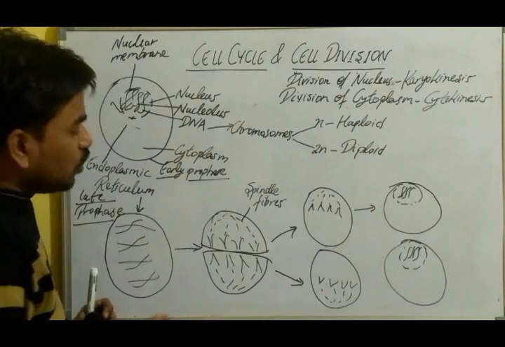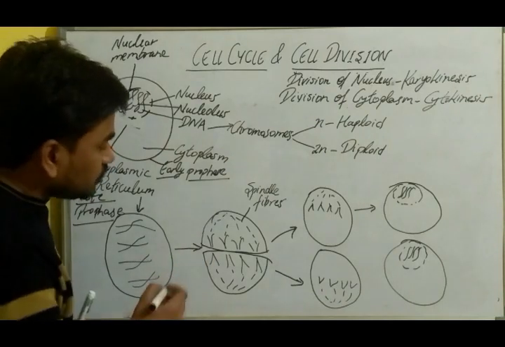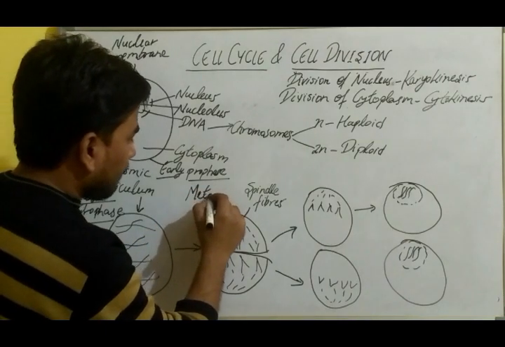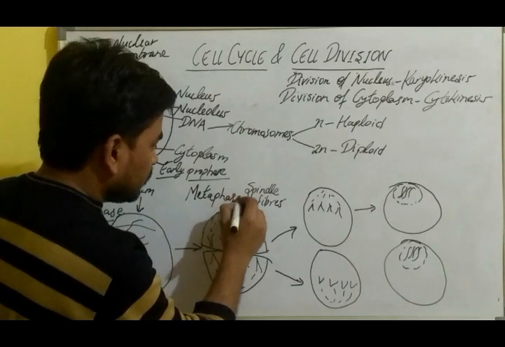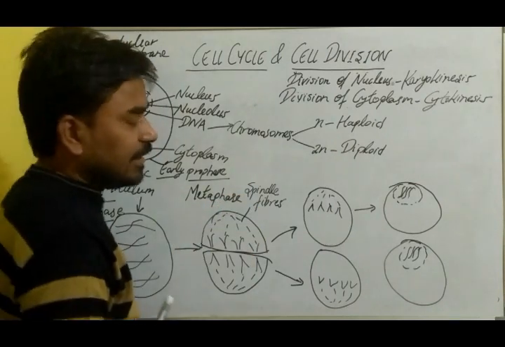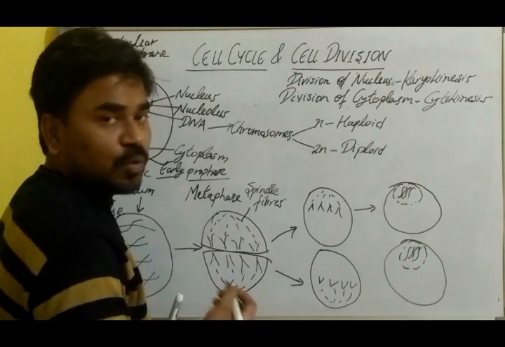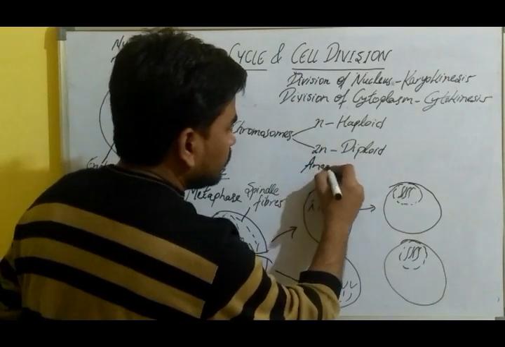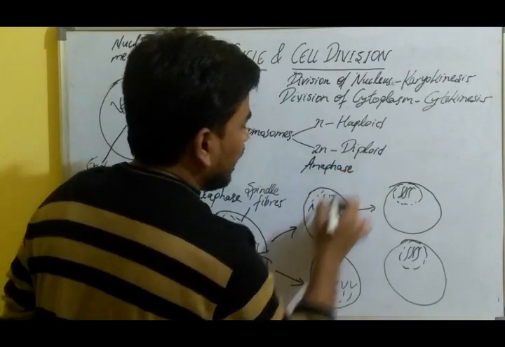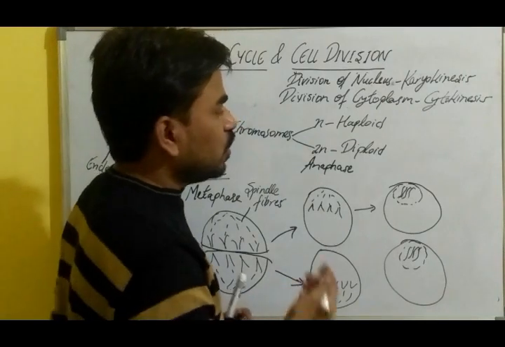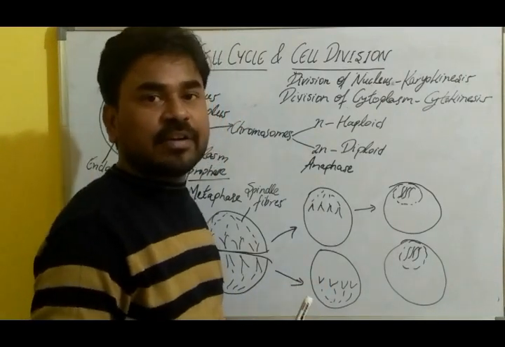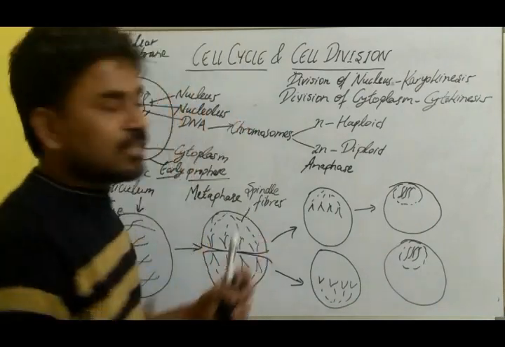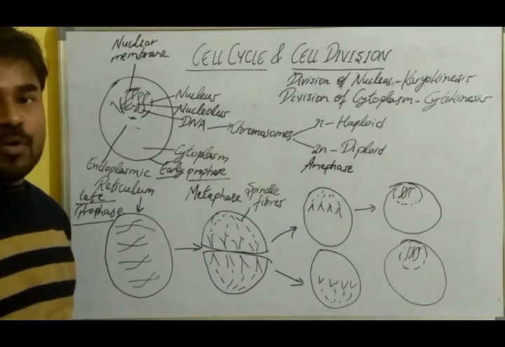Before that, the chromosomes arrange on the central line. This stage is called metaphase. After that, the divided chromosomes move toward their poles. This stage is called anaphase. And when the chromosomes move toward their poles, the nuclear membrane, endoplasmic reticulum and nucleolus start reappearing, and two new daughter cells form. So this is all about cell division.